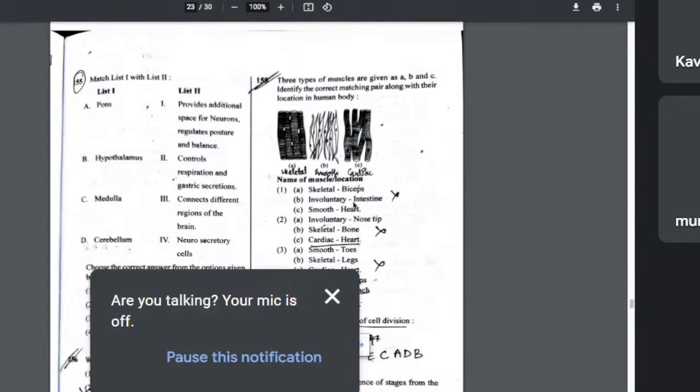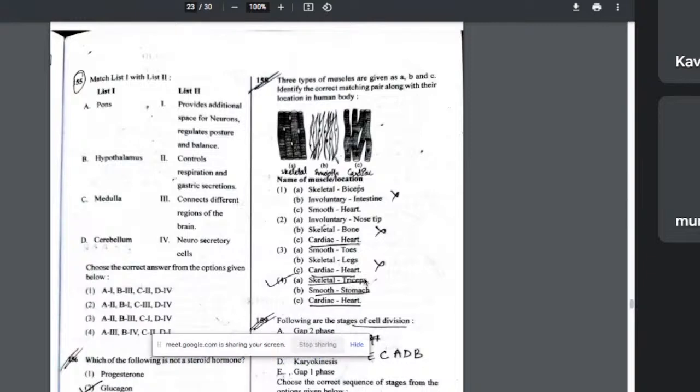The first option can be eliminated. Then B is not a skeletal muscle, so you can eliminate those options. So the answer D, or the fourth option, skeletal muscle triceps, is correct. A is a skeletal muscle and triceps is also a skeletal muscle. B is a smooth muscle; the muscles of the stomach are smooth. And C is cardiac muscle, which is present in the heart. The option would be the fourth one.